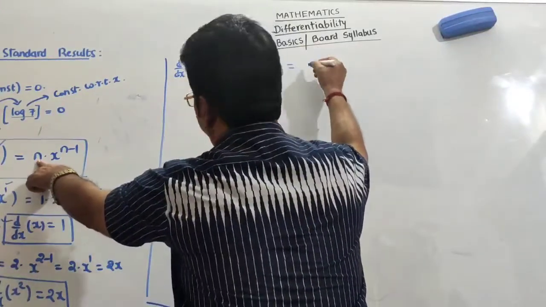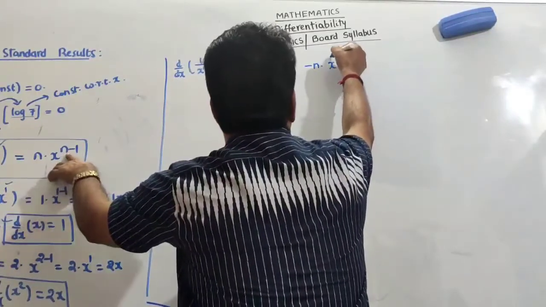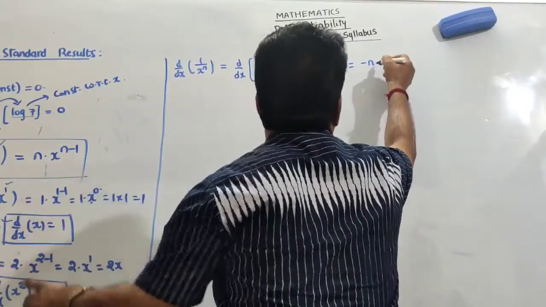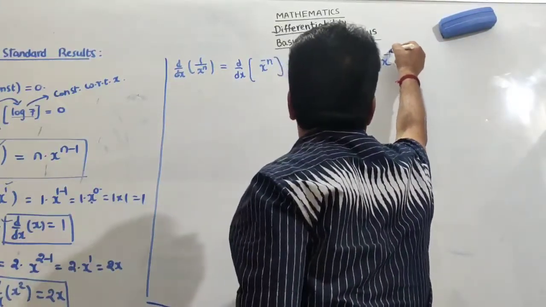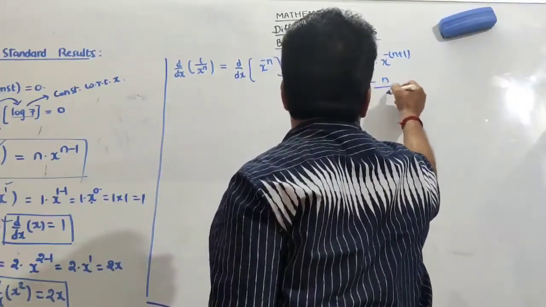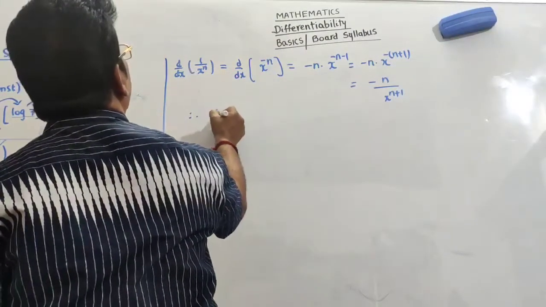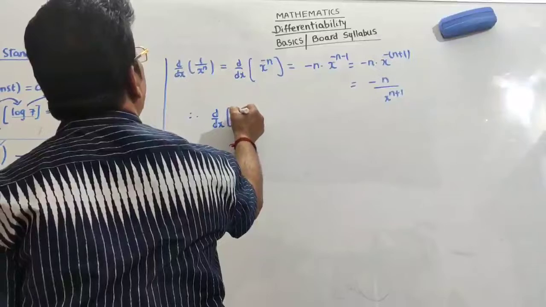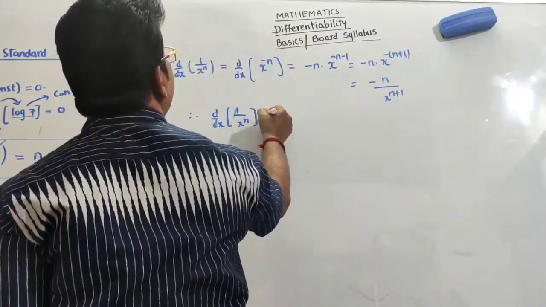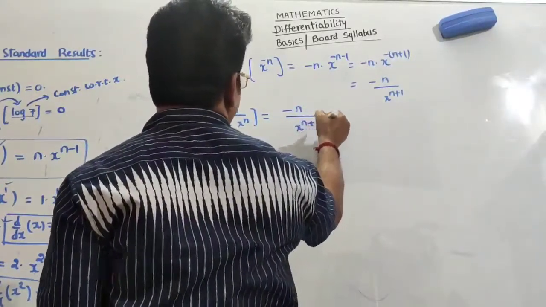So minus n into x power minus n minus 1. That is equal to minus n x power minus of n plus 1, which is minus n divided by x power n plus 1. Therefore d by dx of 1 by x power n is equal to minus n by x to the power of n plus 1.